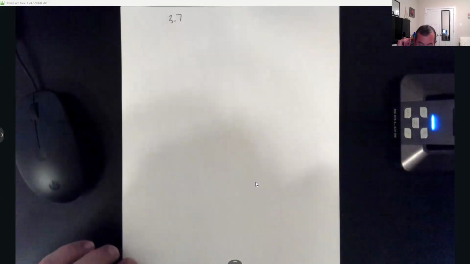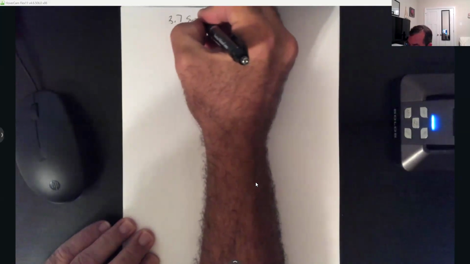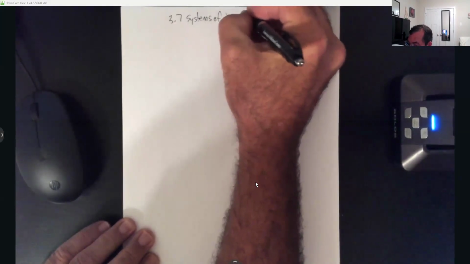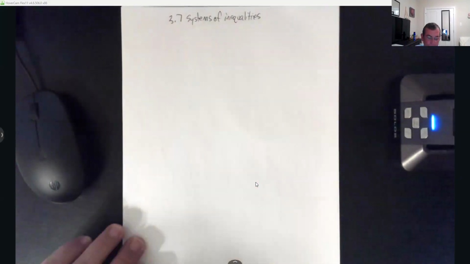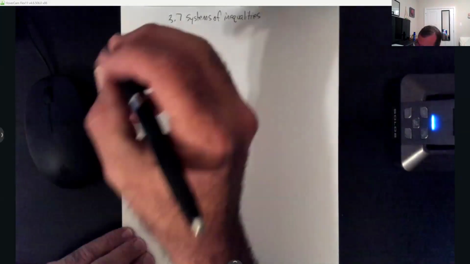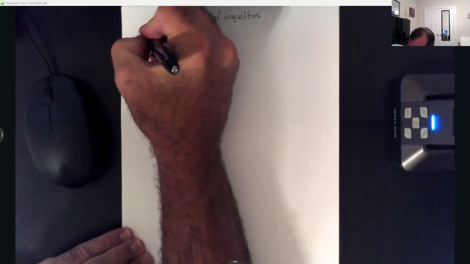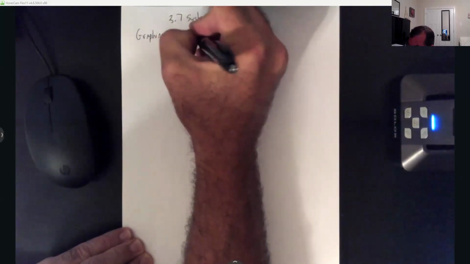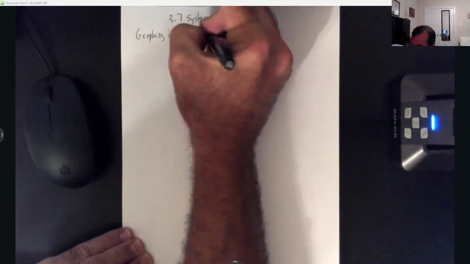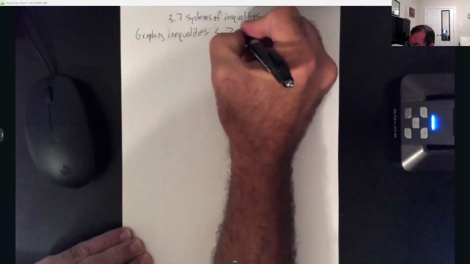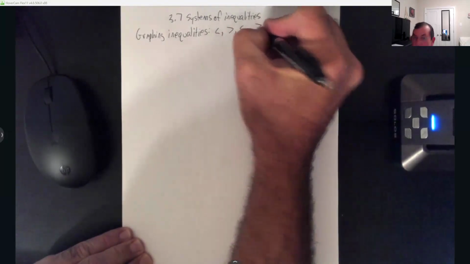And also 3.7 deals with systems of inequalities. And also when we look at graphing inequalities, remember your inequalities are your less than and greater than, less than or equals, and greater than or equals.